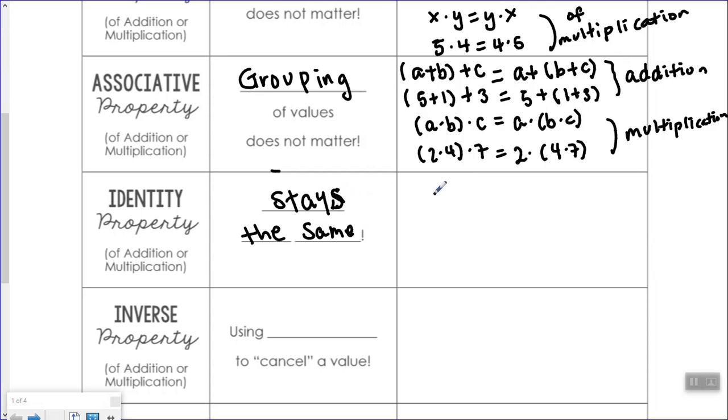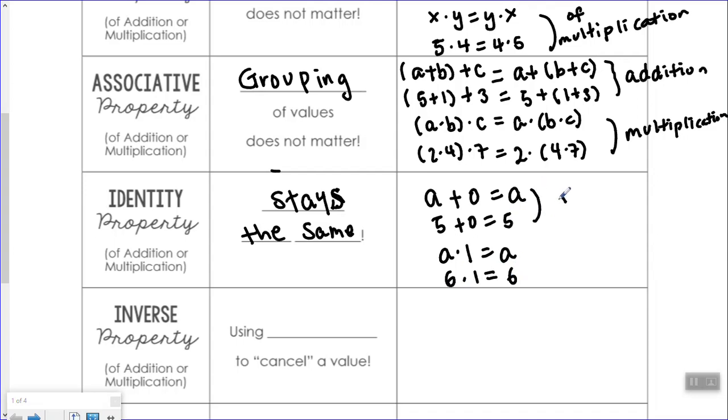So for example, A plus 0 equals A, right? This is addition. A times 1 equals A. Okay. For example, 5 plus 0 equals 5. 6 times 1 is 6. So these are addition. These are multiplication.